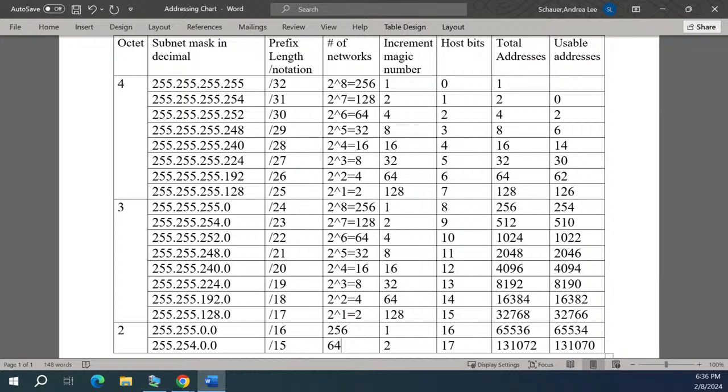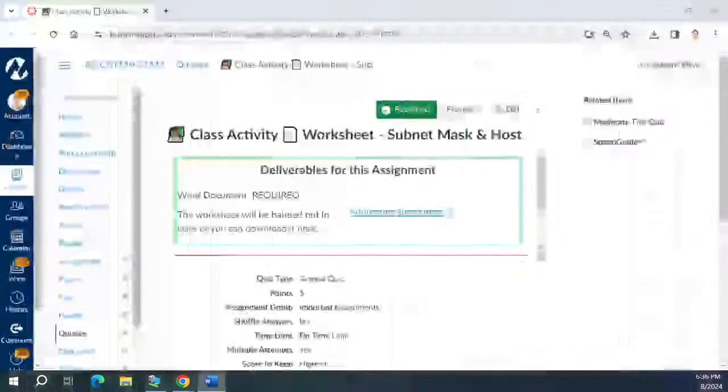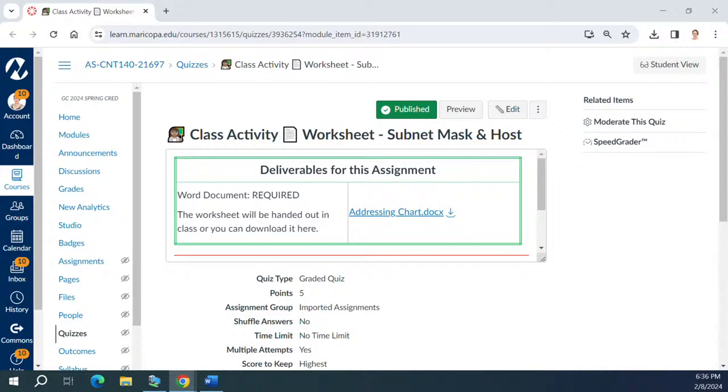Does everybody have their chart filled out? You might want to save this for yourself. Save it, and then I'm going to come around and take a look at it. Make sure you got it all filled out, and then you can mark that we did it in class.